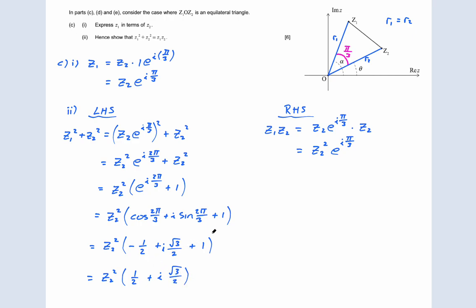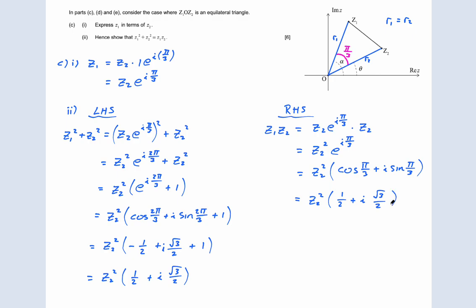Now you're going to see that this will actually equal this, because this is Z2 squared, same thing, but cos pi over 3 plus I times sine of pi over 3, which equals cos of pi over 3 is a half, and sine of pi over 3 is the same as sine 2 pi over 3, which is root 3 over 2.